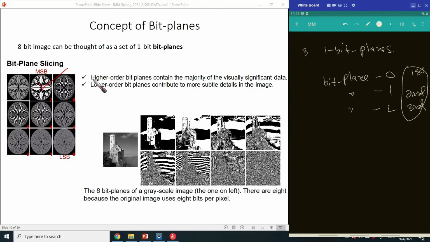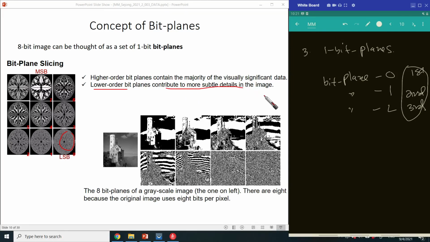So that means higher order bit planes contain the majority of the visually significant data. But if you would like to see the very subtle, very fine details, we need the low order bit planes also. That's why we say lower order bit planes contribute to more subtle details in the image.